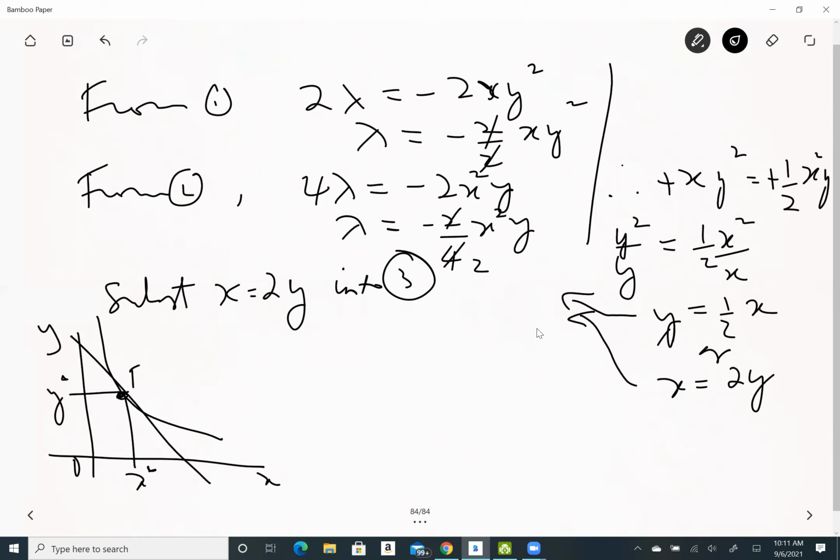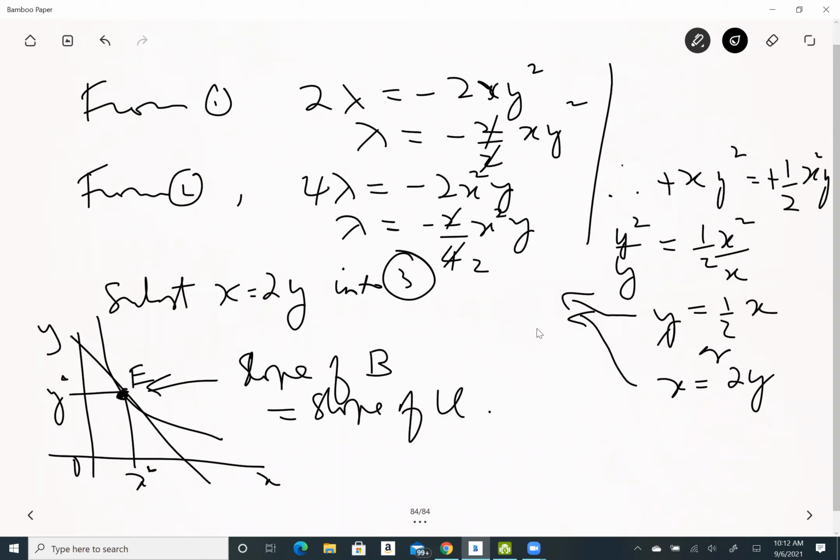That point is the optimum point, we call it E. The optimum point is just where the slope of the budget line is equal to the slope of the utility function. If you look at the diagram at that point E, you will see that the slope of the budget line is equal to the slope of the utility function.